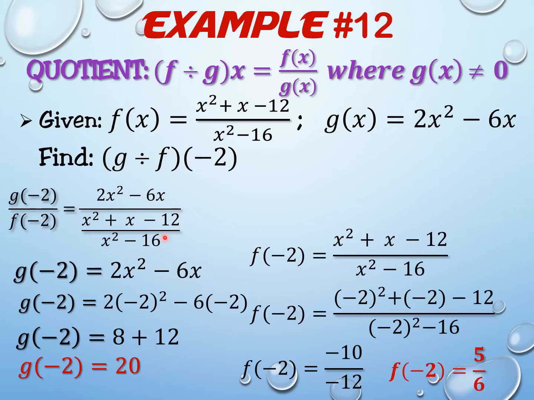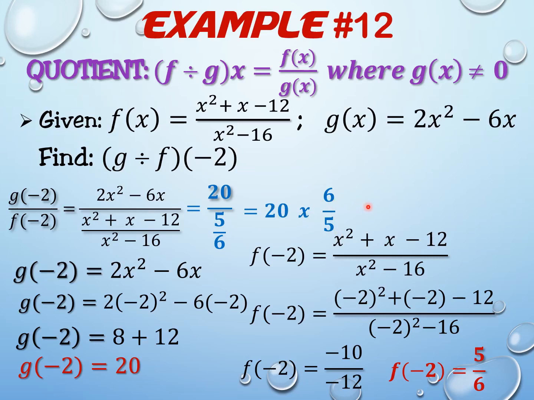And then after that, all you have to do is substitute the given. So this will be equal to 20 divided by the value of f of -2, which is 5 over 6. We get the reciprocal of the denominator. So that will give you 20 times 6 over 5. So we can cancel 20 divided by 5. That is 4 times 6.